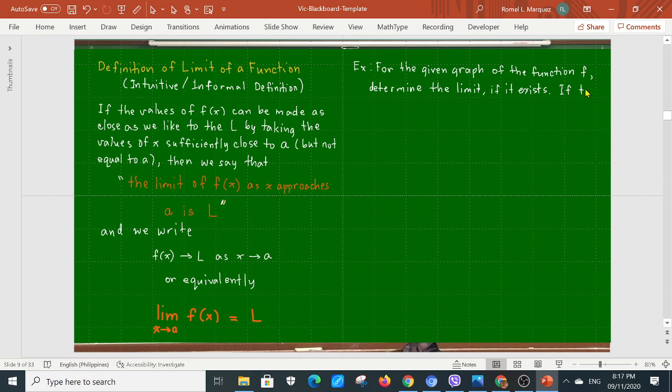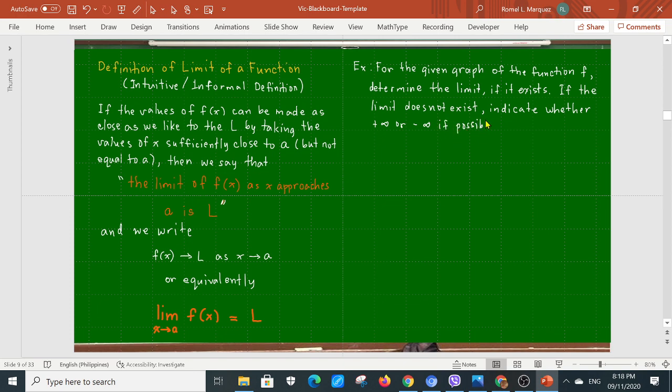If the limit does not exist, indicate whether positive infinity or negative infinity, if possible.